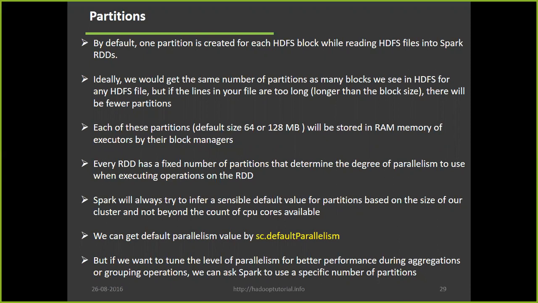HDFS is for storage purposes; Spark is for processing purposes. Whether you are processing a 1 GB, 10 GB, 20 GB or 100 GB file, you'll be processing it for 2 or 3 minutes, maybe 5-10 minutes at most. Only until that time will you store it in RAM. You don't need to store it permanently in RAM; only the required data.